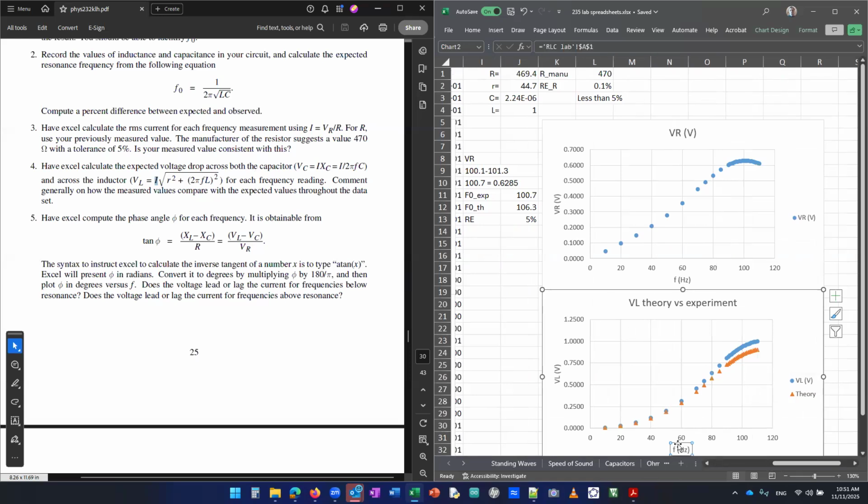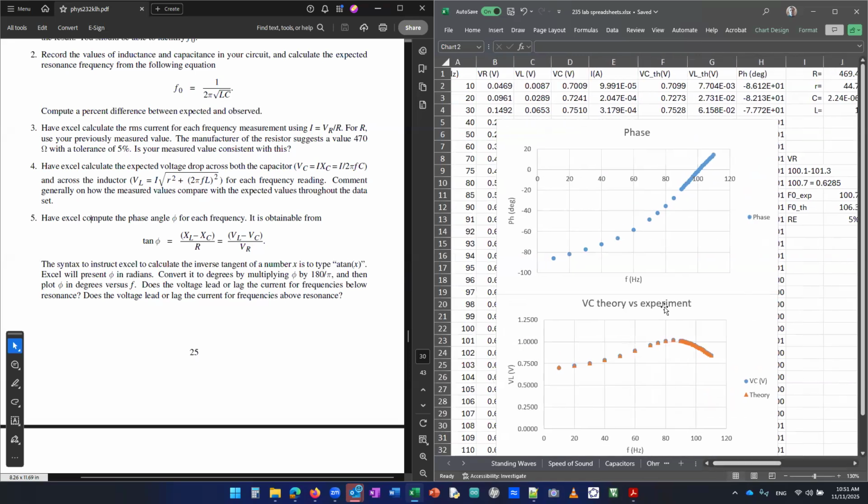Make sure all these required elements are here, the labels, and there's also a title for each. So that's that. And then there's the next one here, part 5, have Excel calculate the phase angle. So this phase angle is this. Let's scroll back to see the phase angle. This is what I finished plotting.